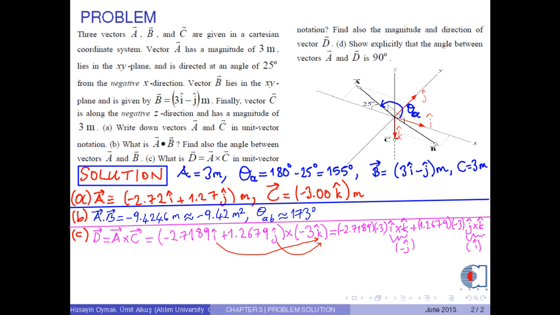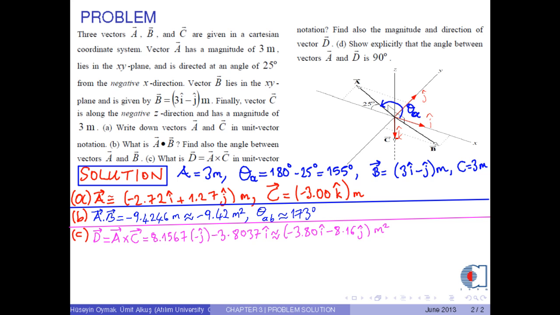Therefore, we write the middle result in 5 significant figures as. Then the final result is approximately minus 3.80 i hat minus 8.16 j hat in meters squared.